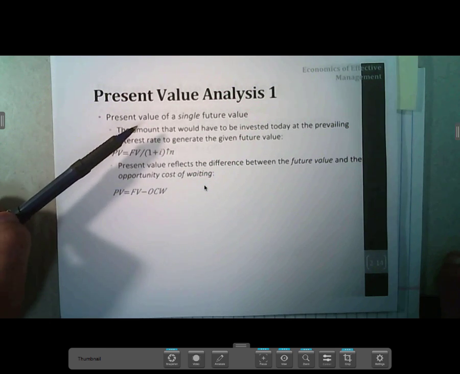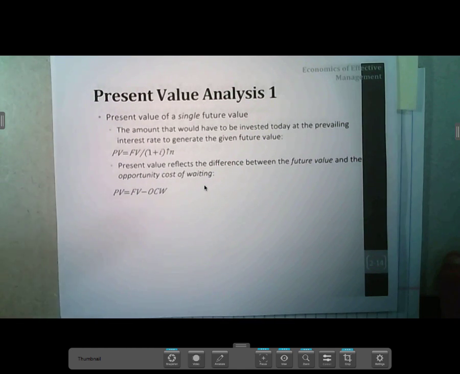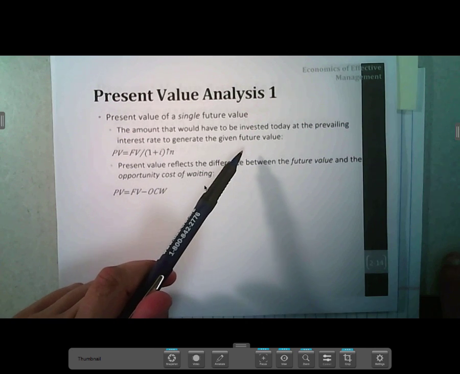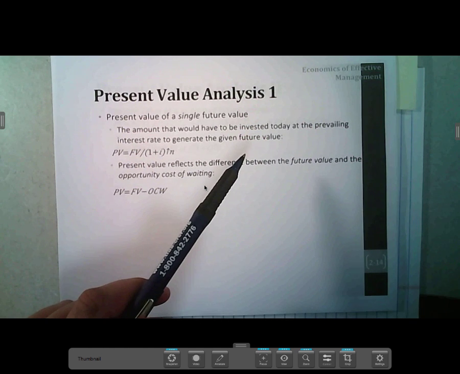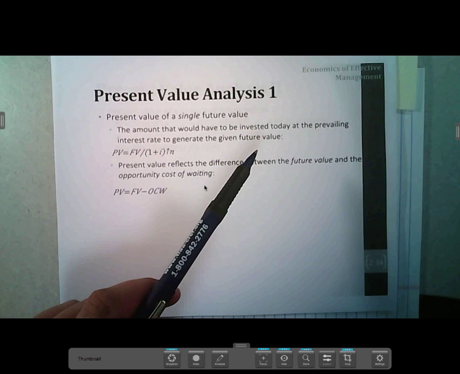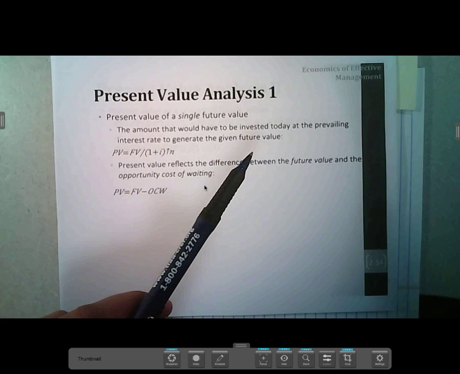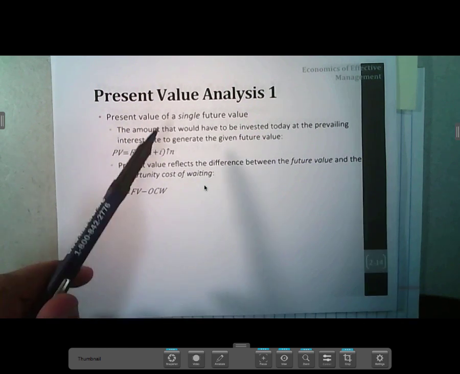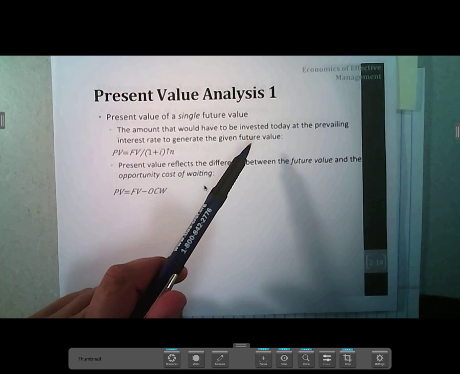The present value of a single future value is, in other words, what would I have to do today, in terms of an interest rate, to match the future value? Right, so if I know that future money is less valuable than it is today, then I need to do something with my money now that's going to generate a return that's going to at least equal what I'm losing by not getting the money until the future.